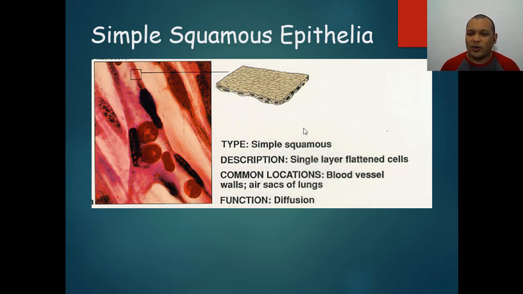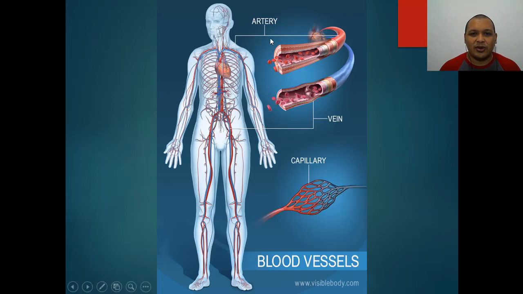So when the substance moves from one part to another part, this is what happens with simple squamous. And the example is that we can find it in the air sac, okay, air sac in our respiratory system, and also in a blood vessel, yes. Okay, so now we give you an example on a blood vessel. So the squamous here will be around here. It's only a tiny layer around here.